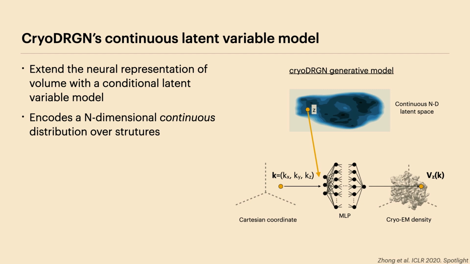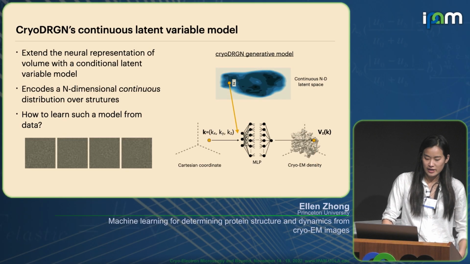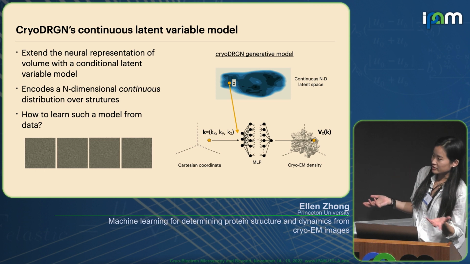If Z were higher dimensional, which it typically is, we can think of this as encoding position on some conformational landscape. With this neural-based model, we can very easily extend this neural representation with this conditional latent variable model. This encodes some n-dimensional continuous distribution over structures. And so that's the CryoDRAGON generative model.